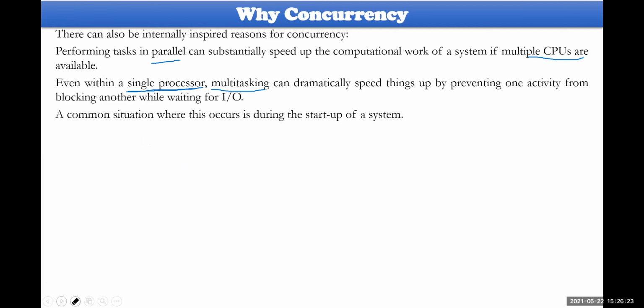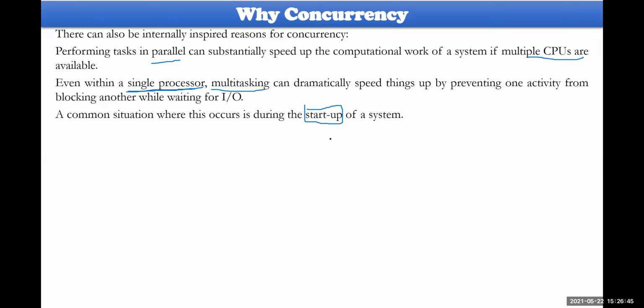Normally, these kinds of issues will be available in any kind of system, whatever the system might be, while it is starting up. Sometimes one particular system takes a huge amount of time to start, and some other system takes very little time.